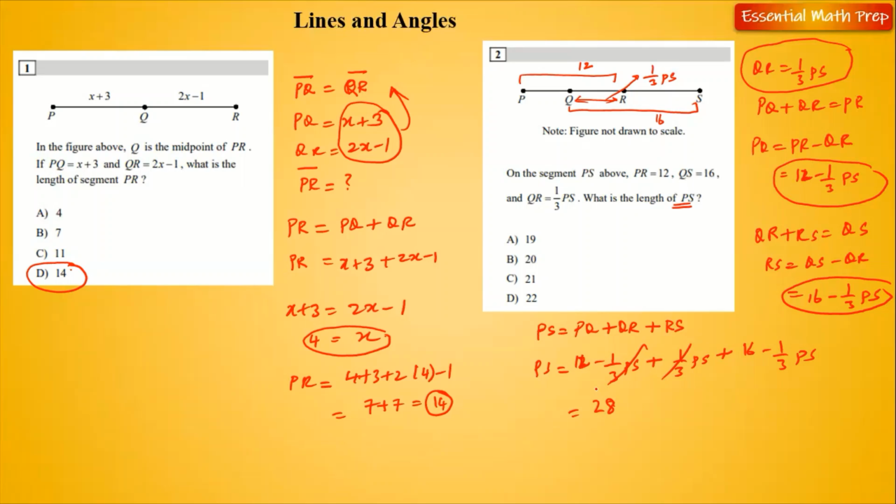So that's 28 minus 1/3 PS equals PS, right? So if you add 1/3 PS on both sides, that means PS plus 1/3 PS equals 28. This implies 4 PS over 3 equals 28. So solving for PS, that will be 21.